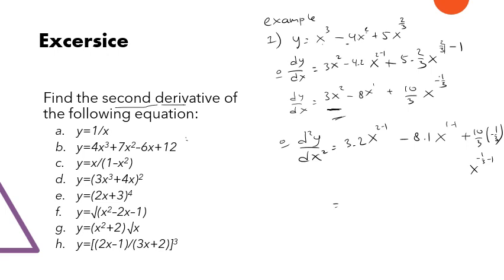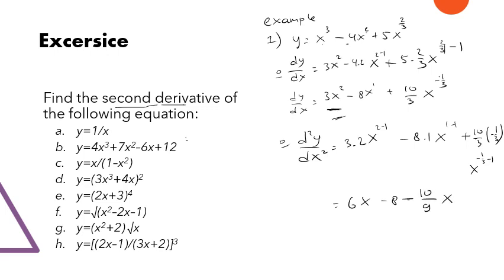So then this will be 6x minus 8x power 0, which is 1, plus, oh no, minus 10/3 times minus 1/3 is minus 10 over 9.